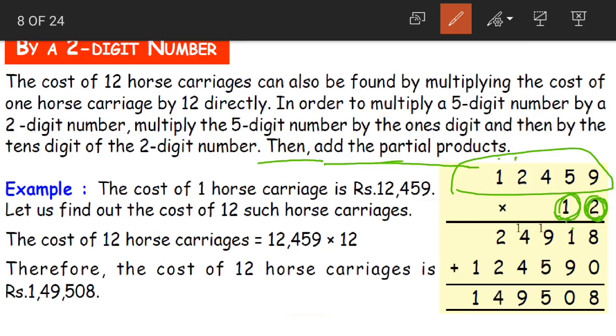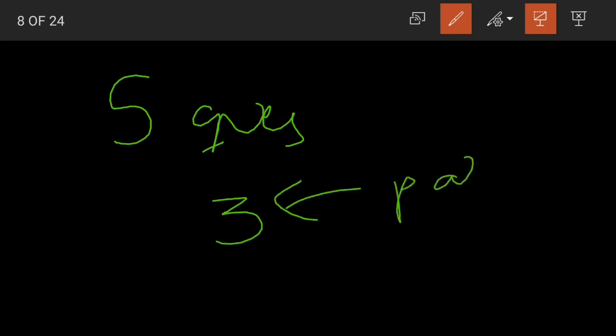Partial products. Now why is it called partial? Partial means which is not complete, which is not fully completed yet. Yes, suppose 5 questions were given to you as homework and you have done only 3 questions, that does not mean that you did not do your homework completely. It means that you have done your homework partially.